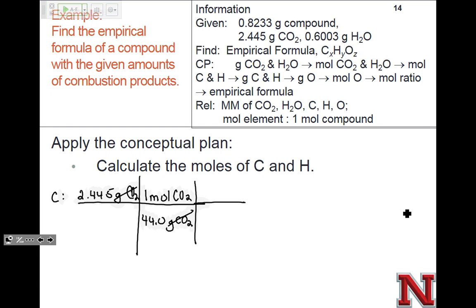Now that we know how many moles we have of CO2, then we can use the fact that for every 1 mole of CO2, we have 1 mole of carbon. Because our formula is CO2, which means we only have 1 C for every CO2. And I want that number, so I'm not going to continue on right here, because that number is going to go in my X.